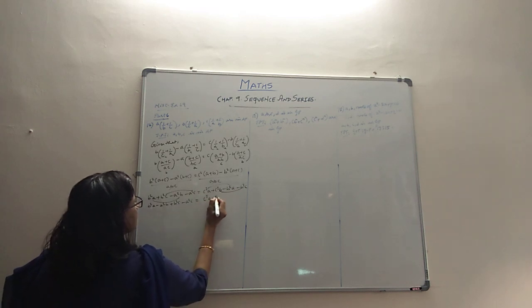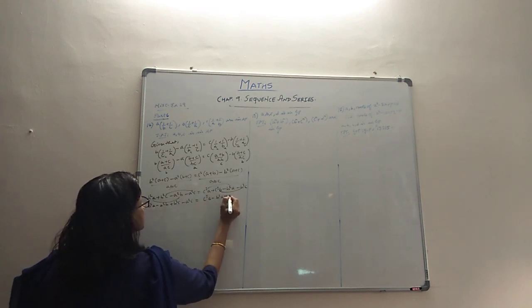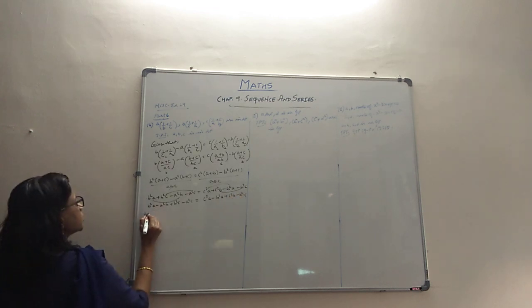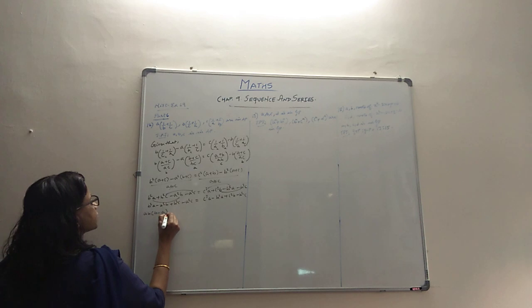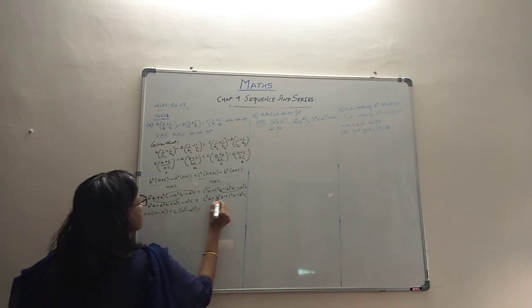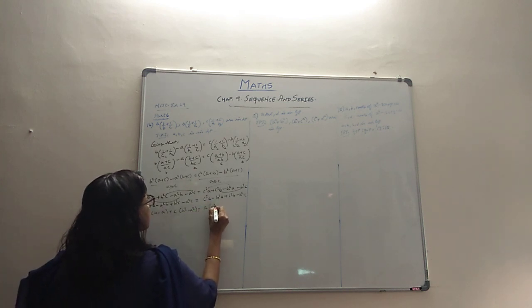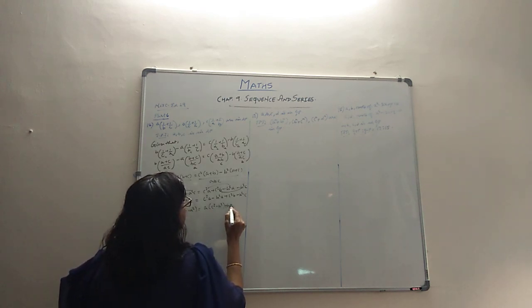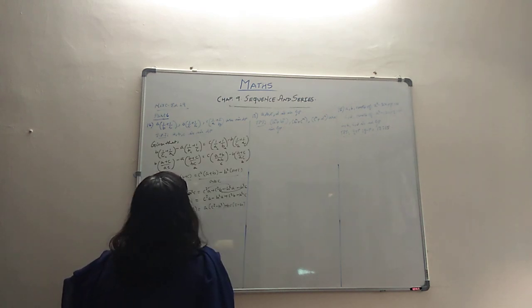C squared A minus B squared A, C squared B minus B squared C. Now here AB is common, so B minus A is left. Here only C is common, so B squared minus A squared is left. Same way here A is common, so C squared minus B squared is left. And here BC is common, so C minus B is left.